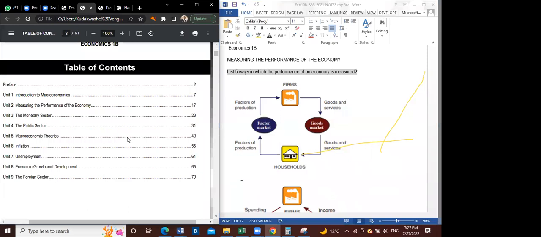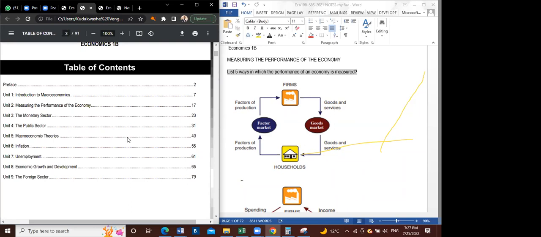Microeconomics, as the name suggests, we were dealing with individual elements within the markets. We're dealing with demand from an individual perspective, demand of households, demand of firms, demand in the goods market, demand in the factor market. But when it comes to macroeconomics, we are now dealing with economics from an aggregate perspective.